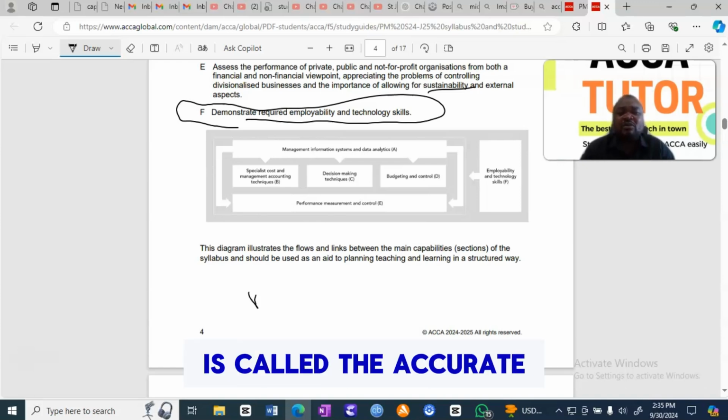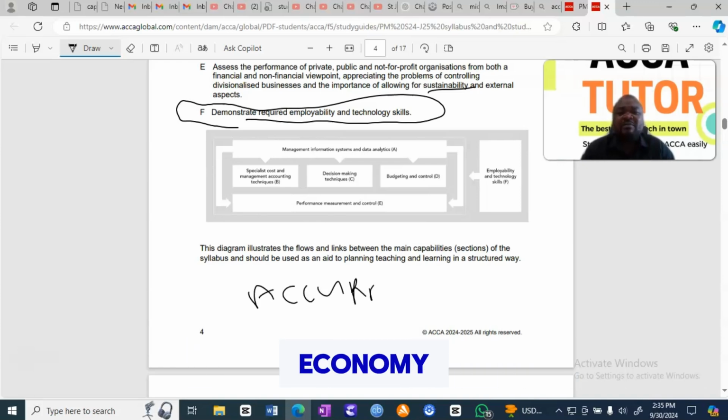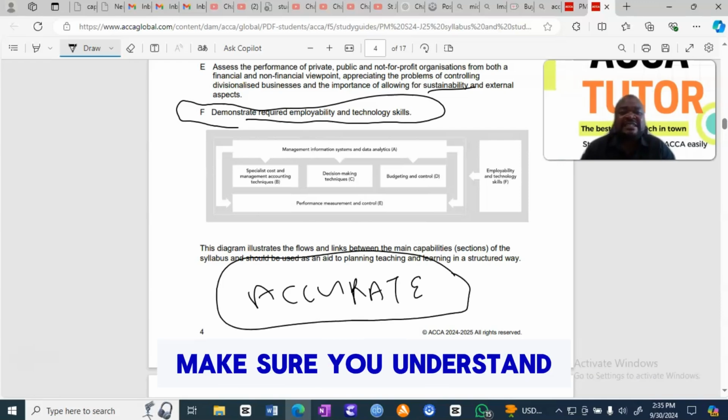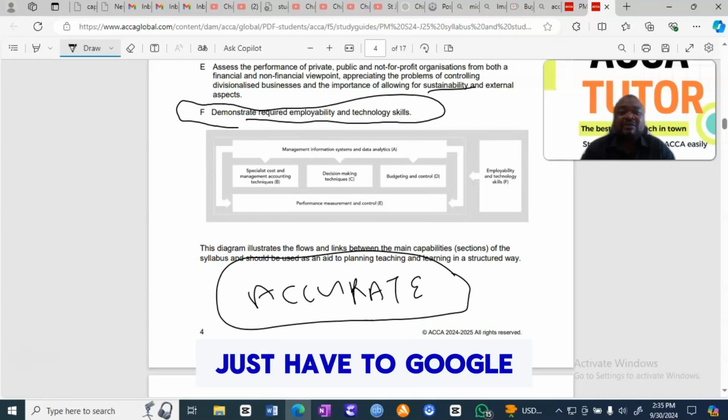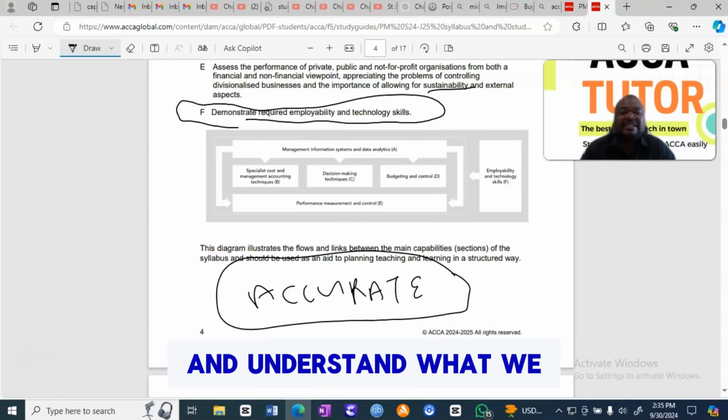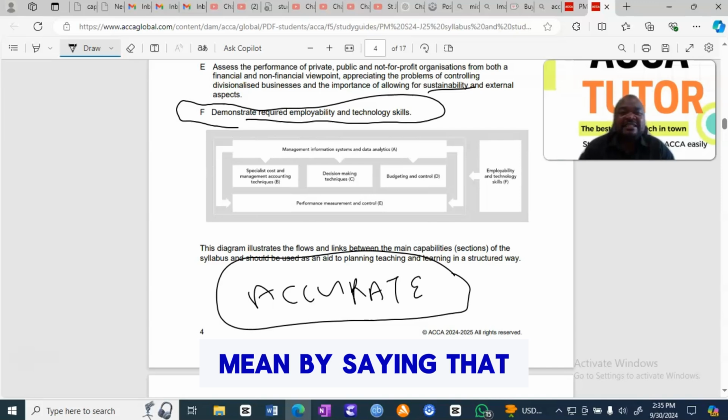Remember, there is what is called the ACCURATE acronym. Make sure you understand this. Just Google around it and understand what we mean by saying that the information should be accurate.